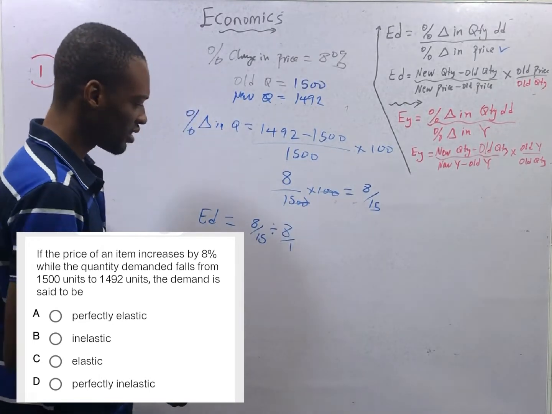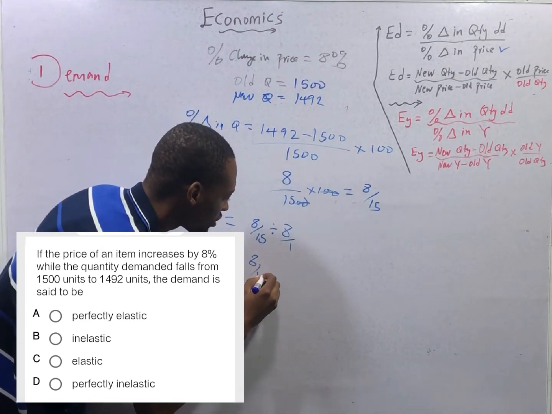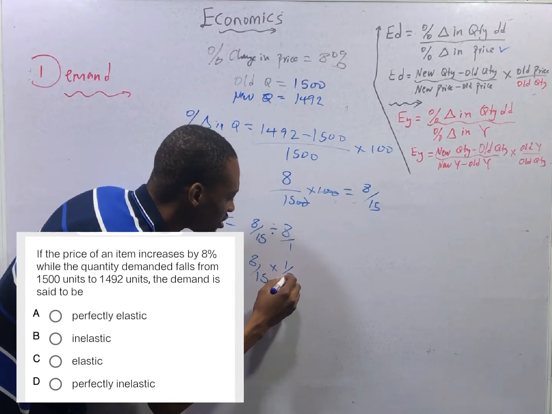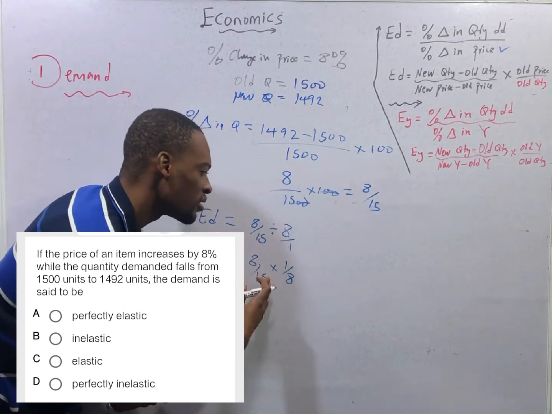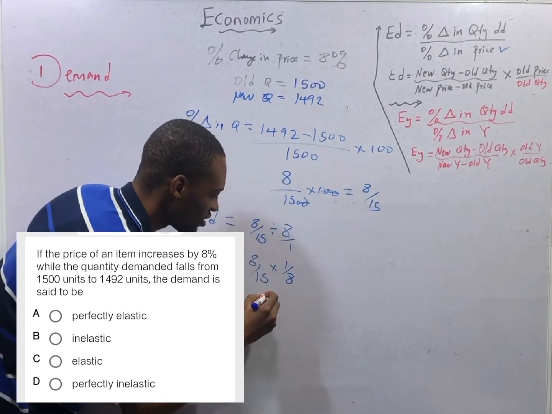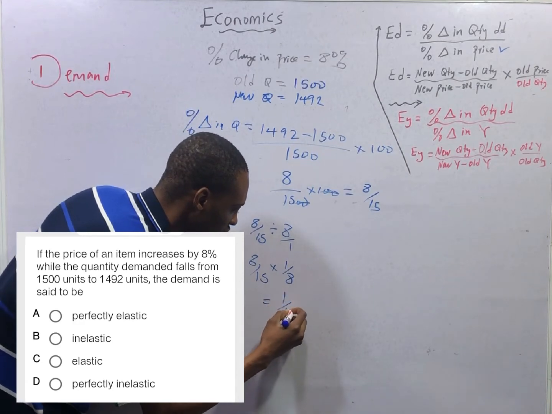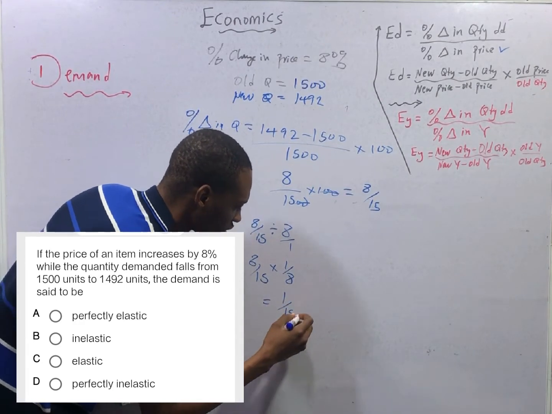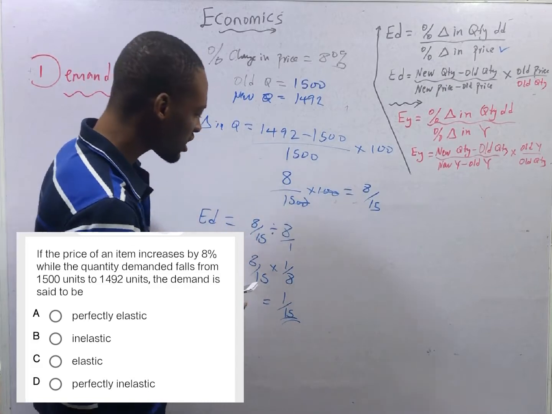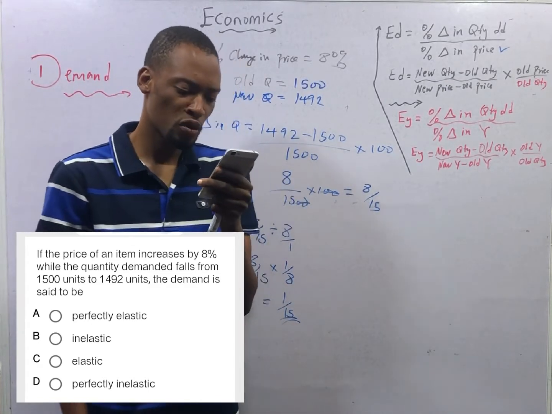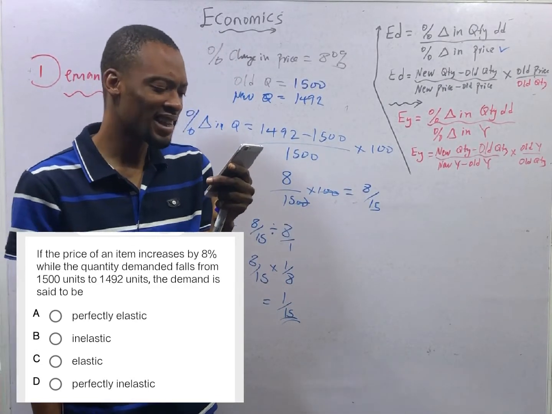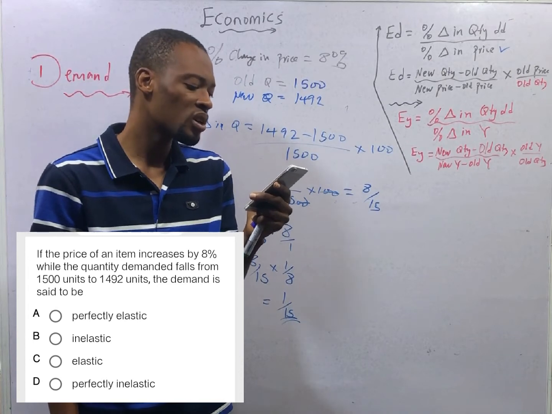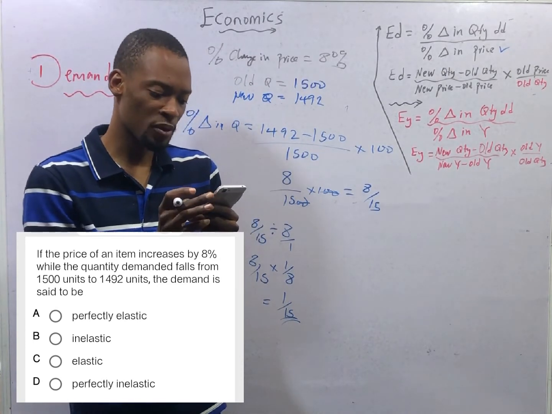So this is 8/15 times 1/8. Converting division to multiplication, the other side invert. So this is simply 1/15. So elasticity of demand is 1/15, and I guess that should give you 0.0675 if I am correct.